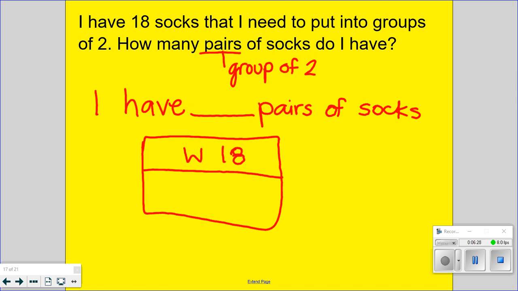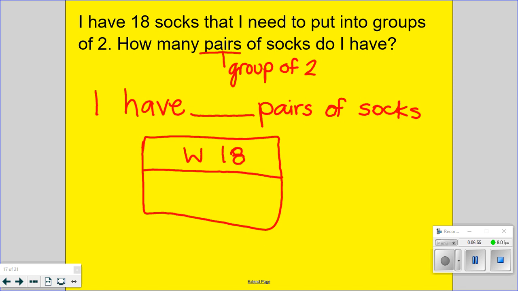Do I know how many groups? No. Do I know how many groups? No. Yes or no? Tegan, you're saying yes, I do know how many groups. How many groups do I need to make? Does it say 2 groups? So is 2 groups the same as groups of 2?